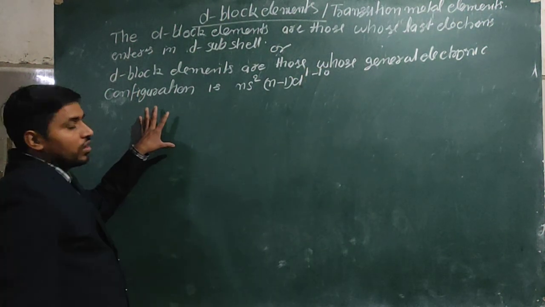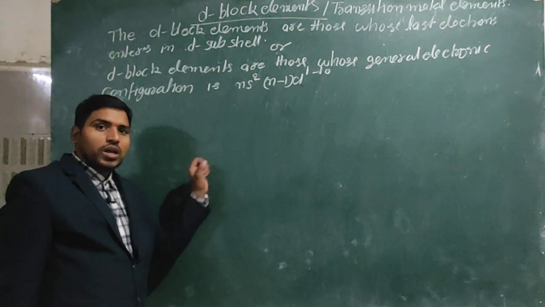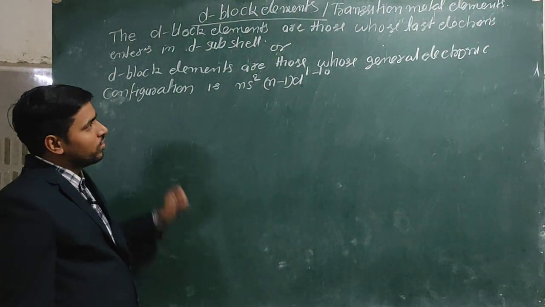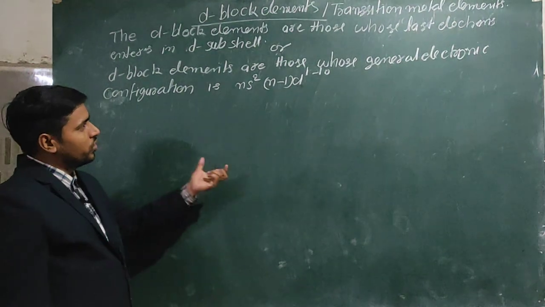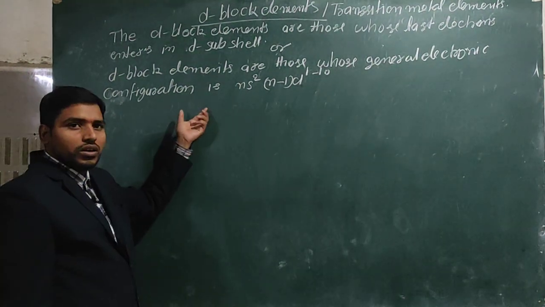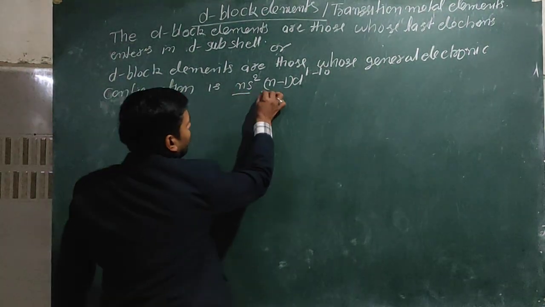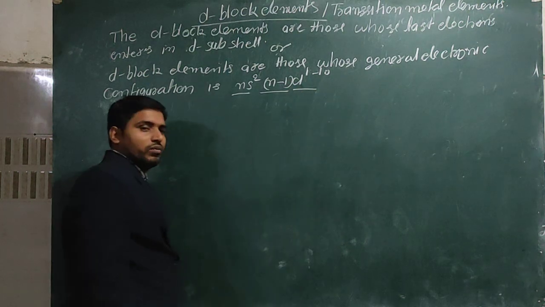D block elements are those whose last electron enters in d subshells, or those whose general electronic configuration is ns2 (n-1)d1 to 10.